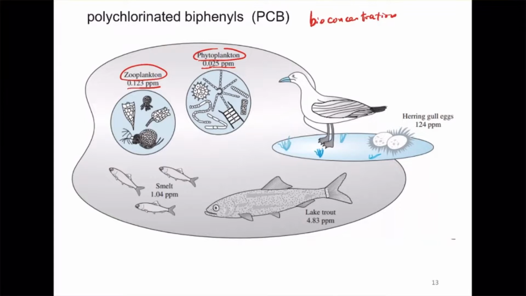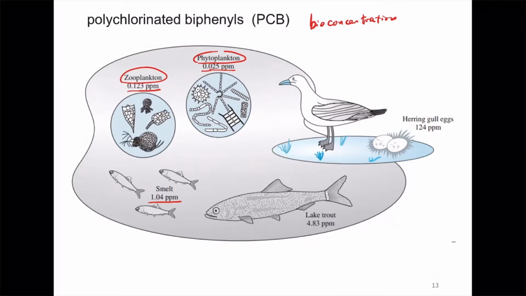Later people found out that the concentration of the PCB actually gets higher in the smelt. It's 1.04 ppm compared to 0.0-something ppm. This is mainly because the PCB is very stable, right? It's not going to get expelled or removed from the organisms very quickly.